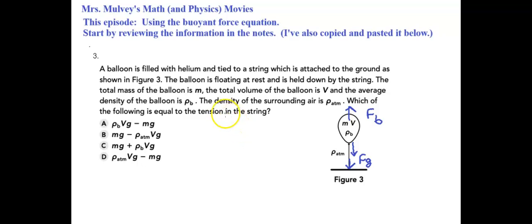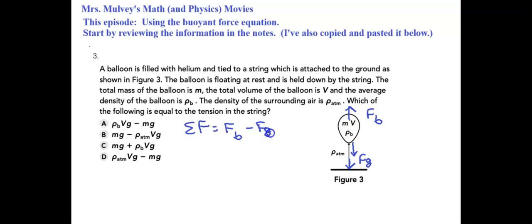Now, if I technically wanted to write an equation, I would say this. The sum of the forces equals the buoyant force, that's upward, minus the force of gravity.